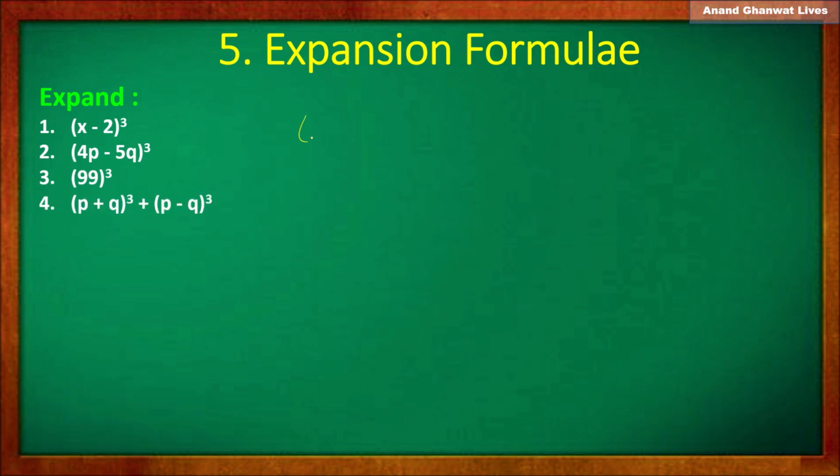The cube of p plus q plus cube of p minus q. Now expand separately the given algebraic expression. The cube of p plus q, that is p cube plus 3p square q plus 3pq square and plus q cube.